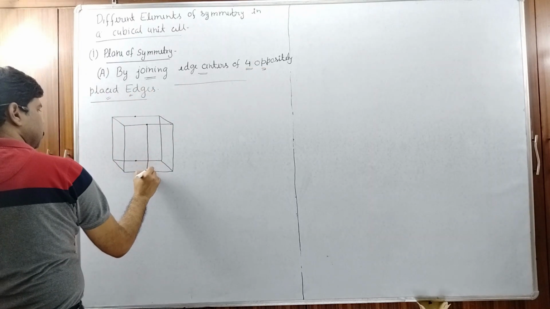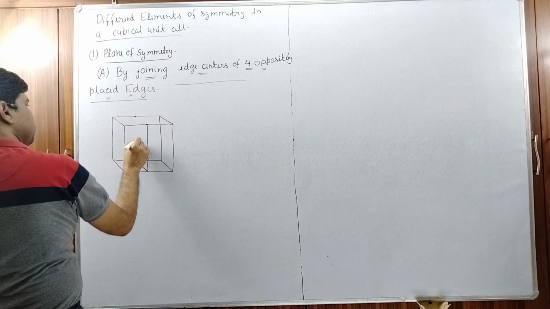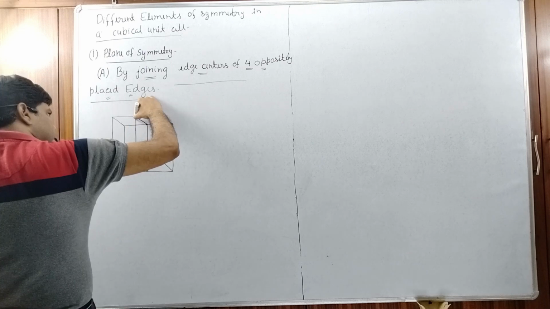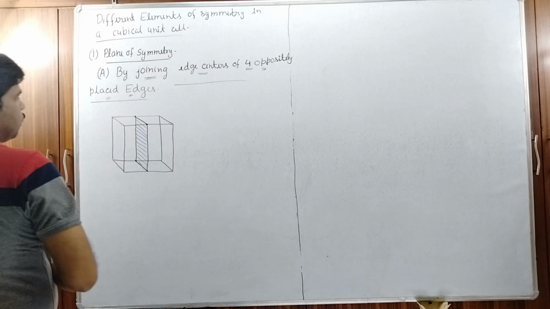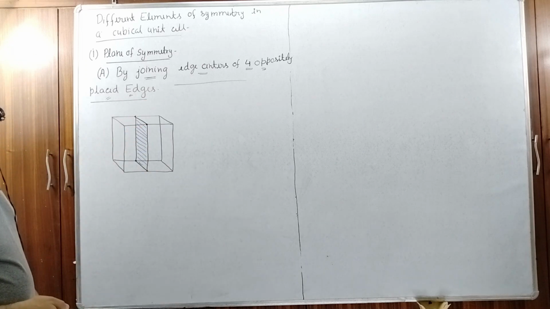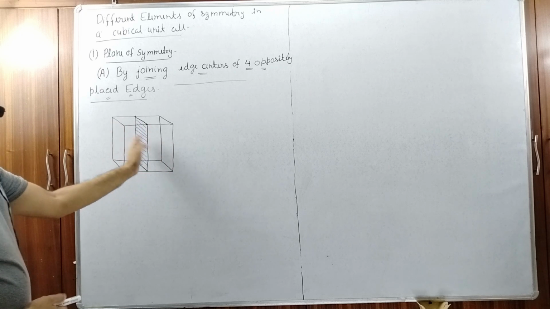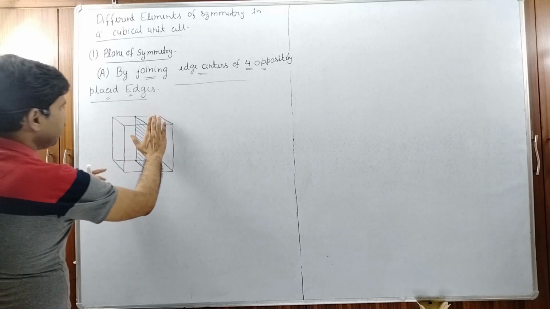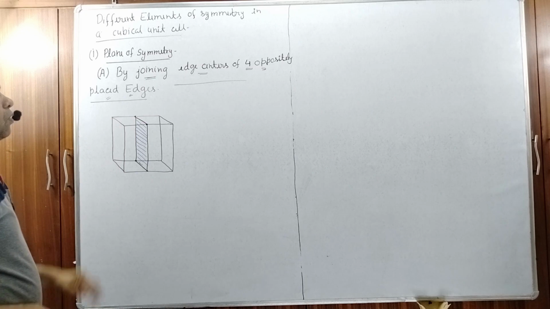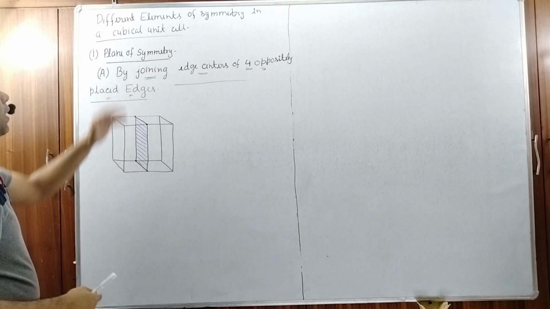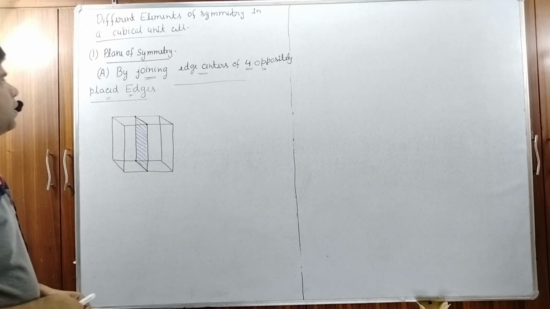So if I join these four oppositely placed edge centers, this blue plane exactly divides the whole unit cell into two parts, and this right part is the mirror image of the left side. That is called the plane of symmetry.